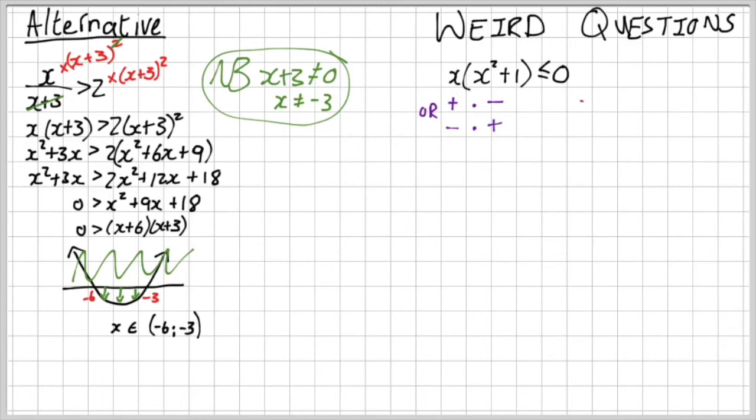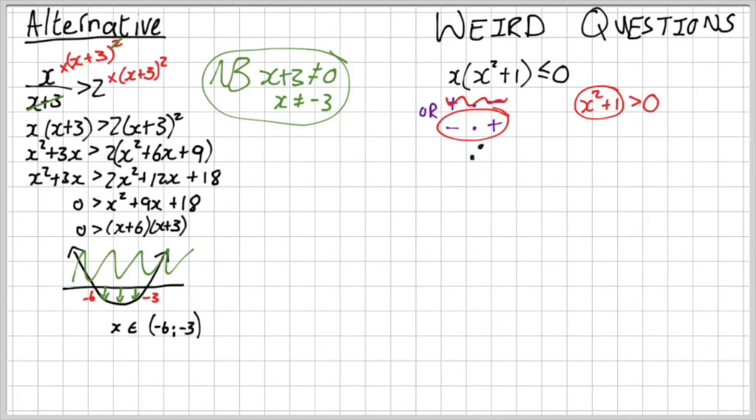But now something interesting happens because x squared plus 1 is always bigger than 0. Therefore, my first option of a plus times a minus is completely not possible because in the brackets is always a positive.